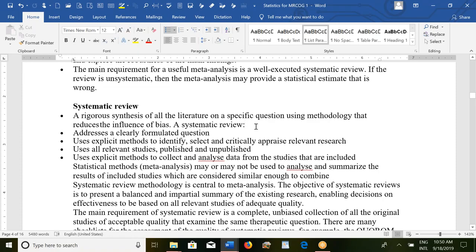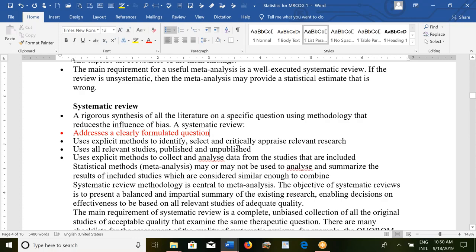Like, I am telling you that you take 10 studies which are answering one question, and they tell you that they reviewed the literature, and there were clearly formulated questions, like you are looking for something very specific. Then you use explicit methods to identify, select, and critically appraise relevant research.